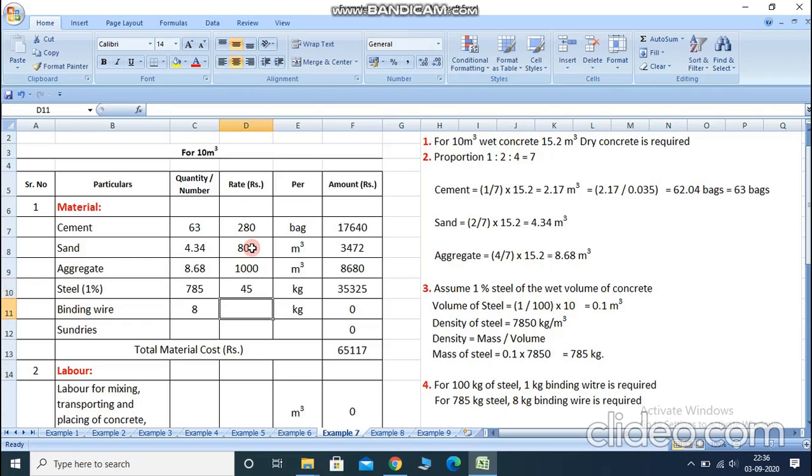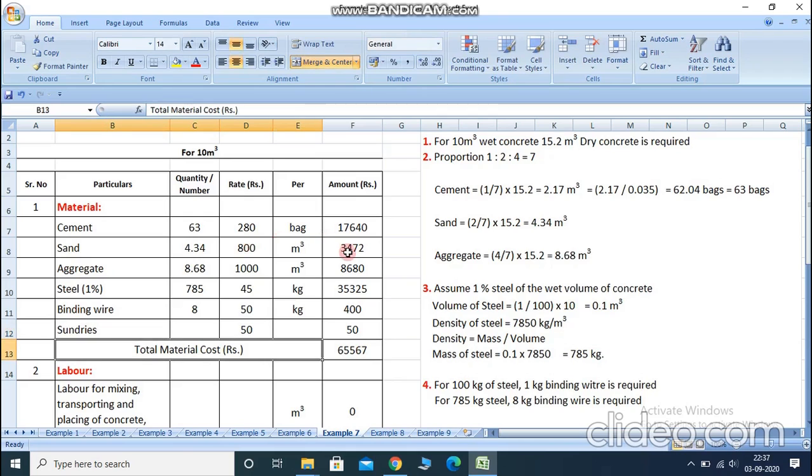And then after, binding wire 50 rupees per kg. So here rate we take as per the current rate. Standard rate we also calculate by the current rate or standard rate. Now we include 50 rupees as an extra cost or extra amount as sundries.